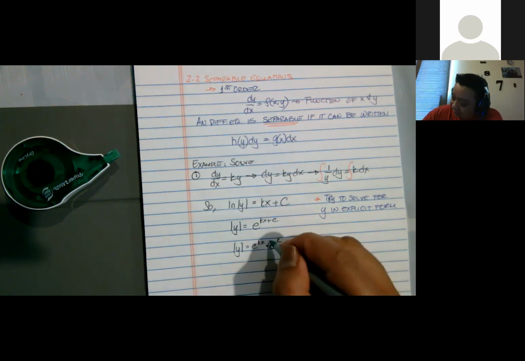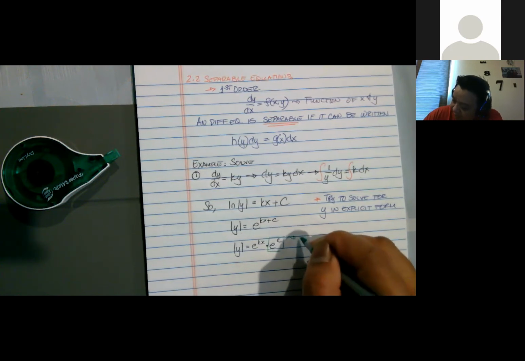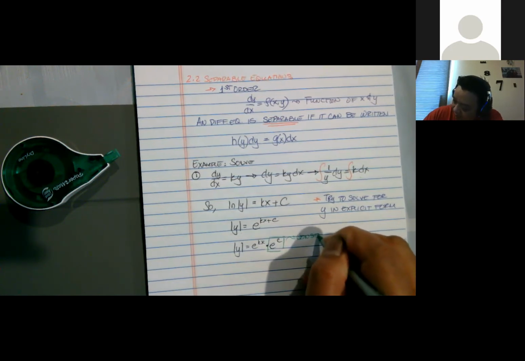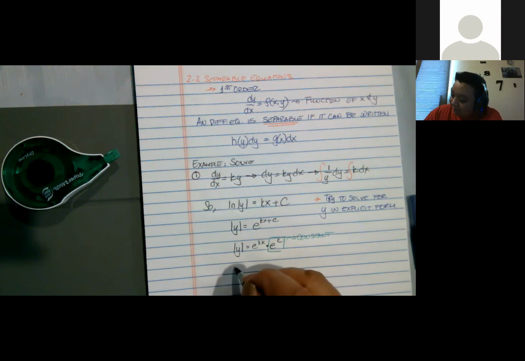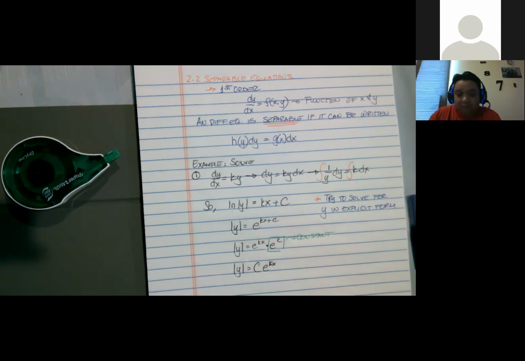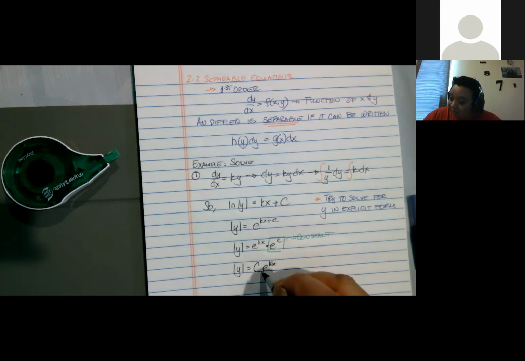Well, e to the c is another constant, which means I can rewrite this as the absolute value of y equals, and I'll just put the constant in the front, c e to the kx. Now I can't call it c because I already called this one c, so I'm going to call this one c1.